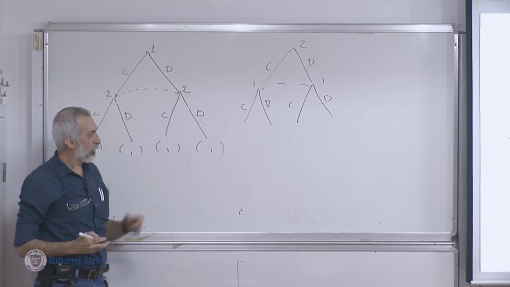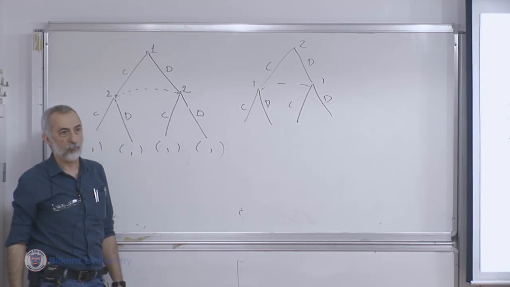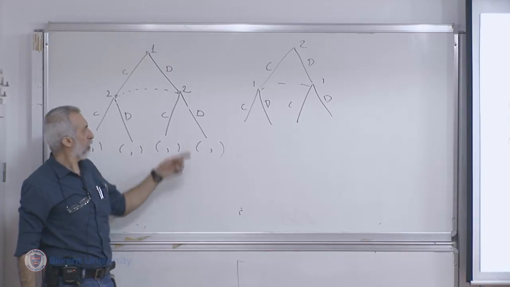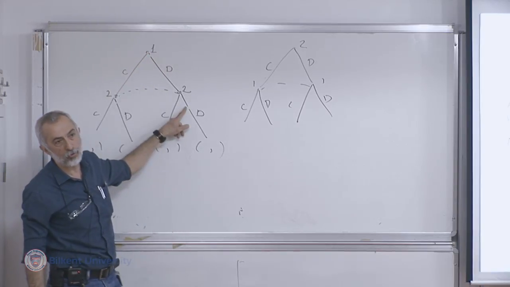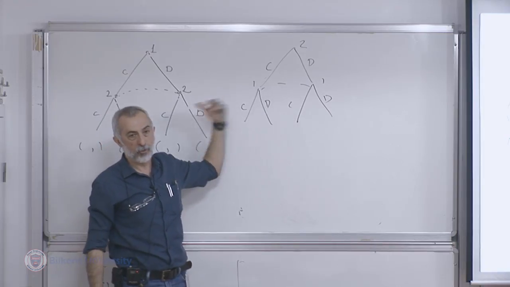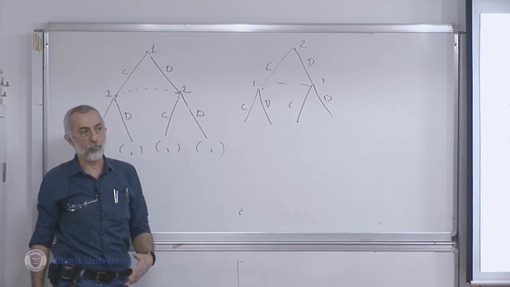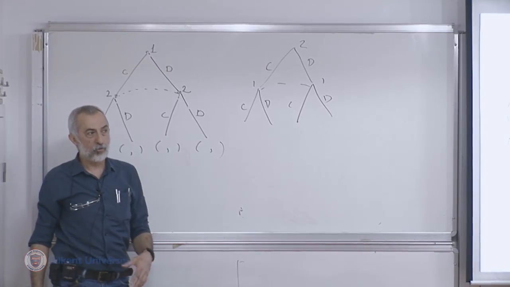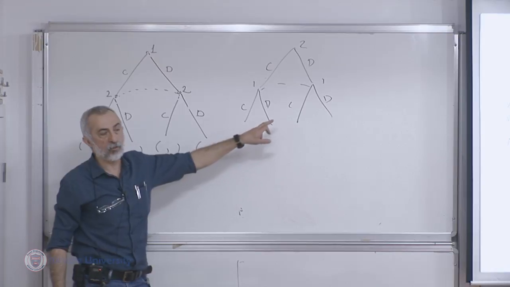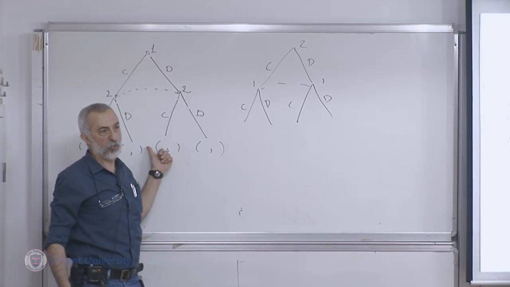Well, because they both represent the same game. In both cases, player 1 does not know the action of player 2. Player 2 does not know the action of player 1. They're in a way equivalent. So the solution concepts that we develop should give the same result whether we model the game like this or like this, which will be the case.